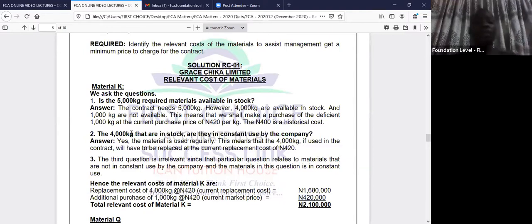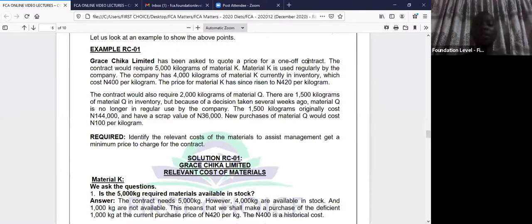Let's get to the second question. The second question has to do with the 4,000 kg that we said is available in store. We will ask, the 4,000 kg that is in stock, are they in constant use by the company? Now let's look at it here. The paragraph says material K is used regularly.